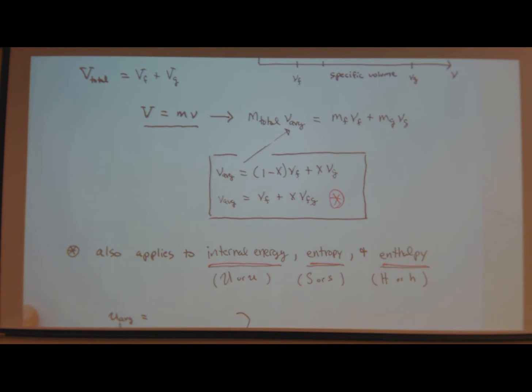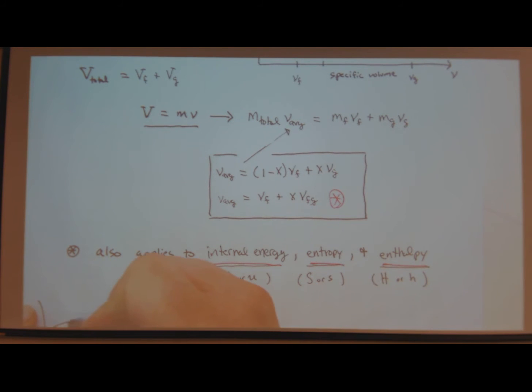But nevertheless, so the average internal energy within my control volume of a liquid vapor mixture, right? This has an average internal energy. It has an average entropy per unit mass, so internal energy per unit mass, and it has an average enthalpy per unit mass.